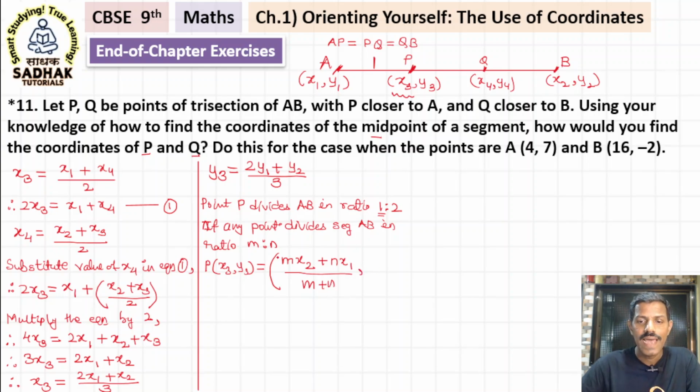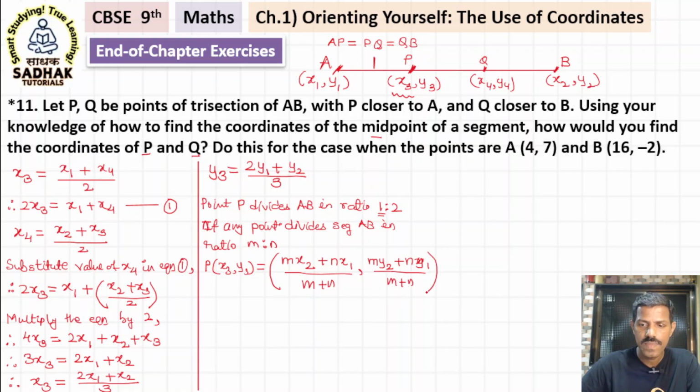And similar thing we can write for y coordinates as well: m multiplied by the y coordinate of point B plus n multiplied by the y coordinate of point A, upon m plus n.